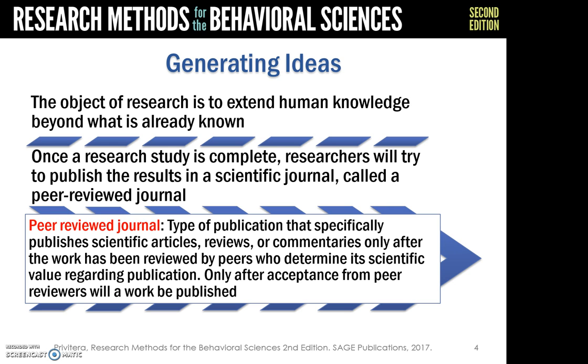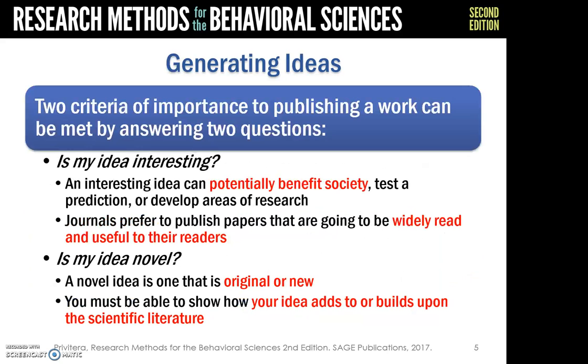These are journals that talk about research that's been done, and they kind of grade these studies to make sure that they are up to the standard we are looking for. One of the best ways to get some ideas going is to read these journals.